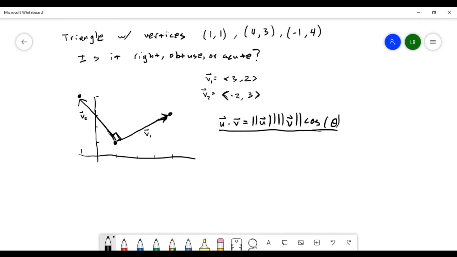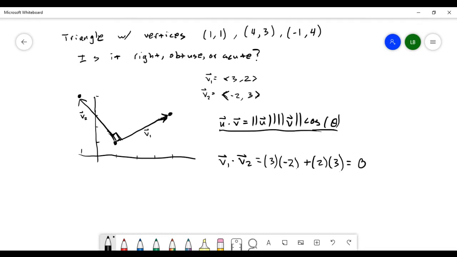I went ahead and found these two vectors coming from this point 1, comma 1 and going to the other 2 points. If we take the dot product of those two vectors, we get 3 times negative 2 plus 2 times 3. That gives us negative 6 plus positive 6, which is 0.